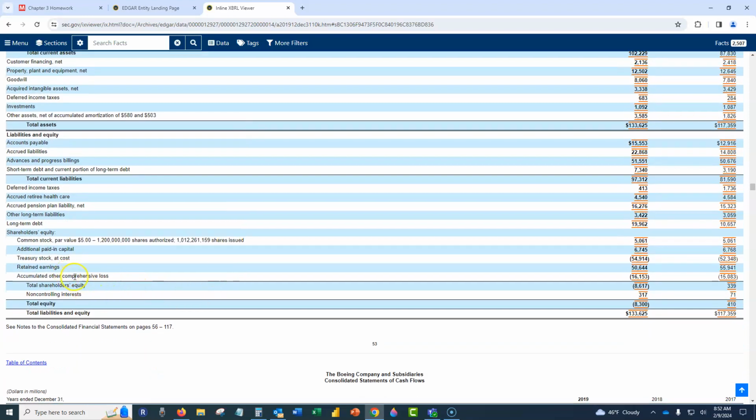So our total liabilities, we got total current of 97,312. And then we're going to add to that all of our other liabilities here. The deferred income tax, plus 413, plus 4,540, plus 16,276, okay, plus 3,422, plus 19,962.